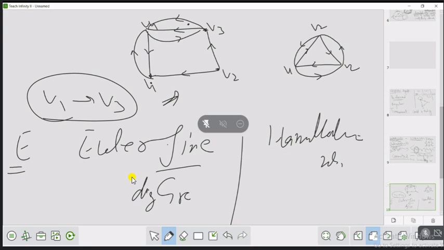You can define how to find a matrix representation of a digraph. Fundamental circuit. Acyclic basically means no directed circuit, that is the acyclic graph. What is matching? What is perfect matching?